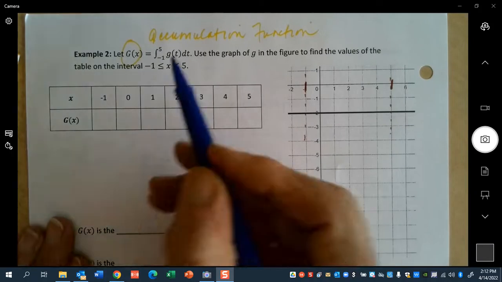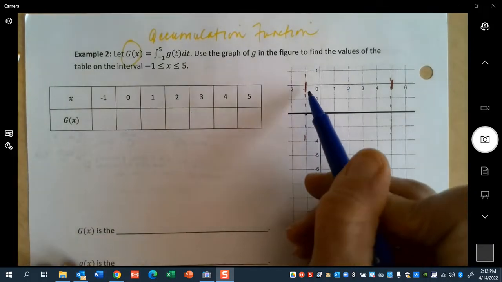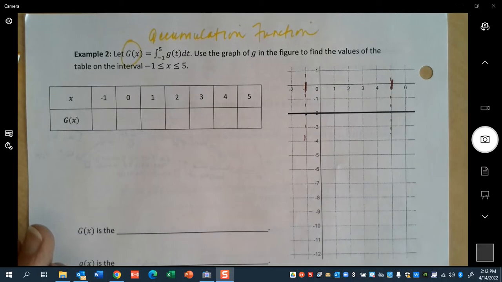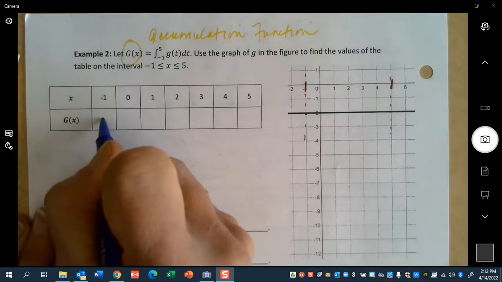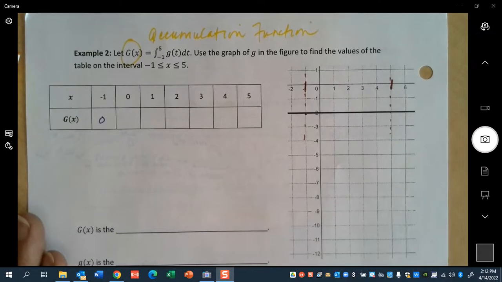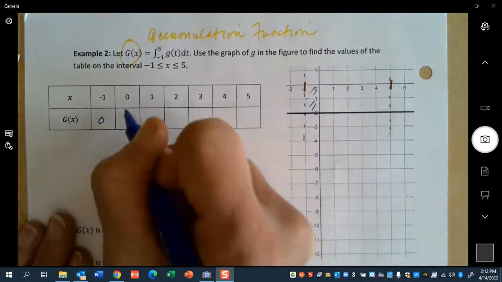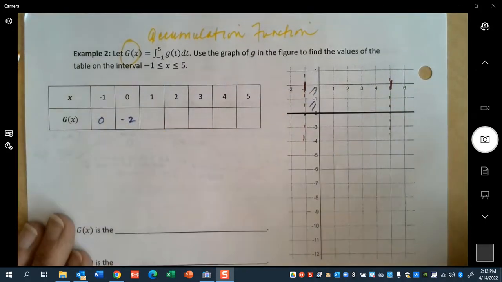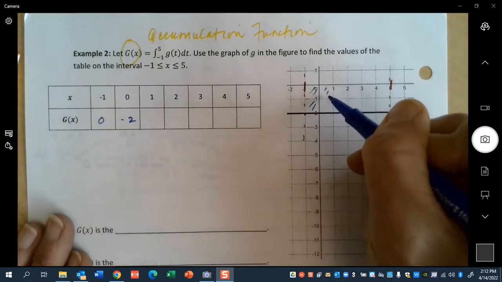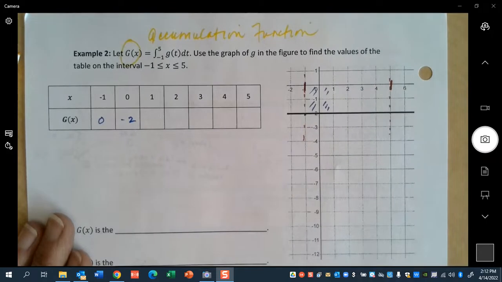At -1, what do I have? Careful. I have 0. Now at 0, what do I have? Now at 1, what do I have?